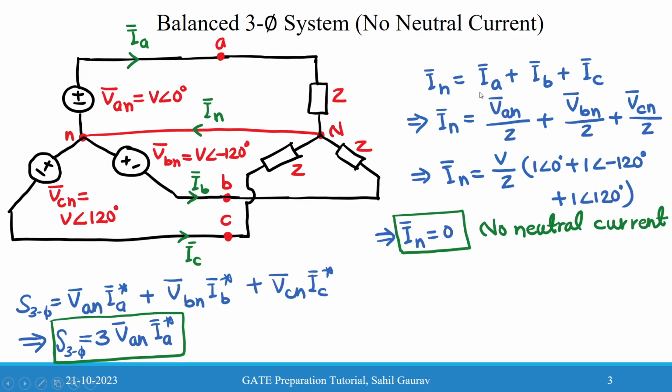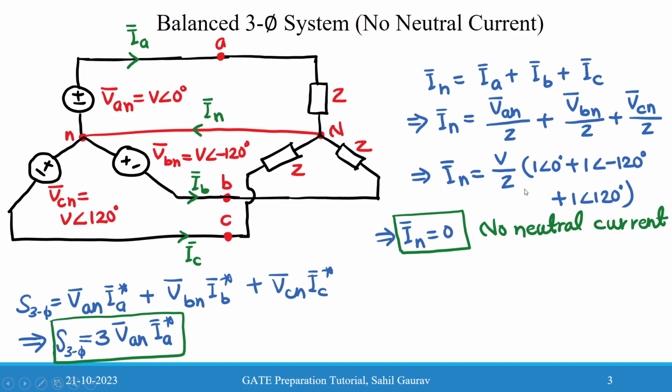The neutral current will be the summation of the line currents IA plus IB plus IC. Therefore, line current IA will be VAN divided by Z, line current IB will be VBN divided by Z, and line current IC will be VCN divided by Z.